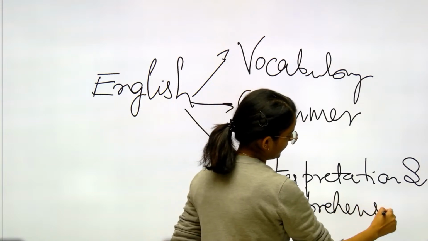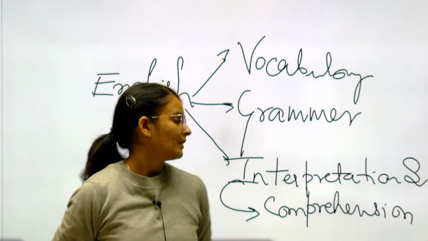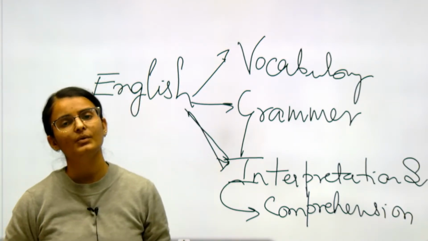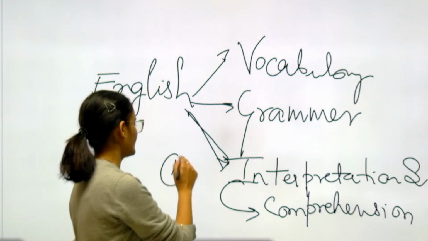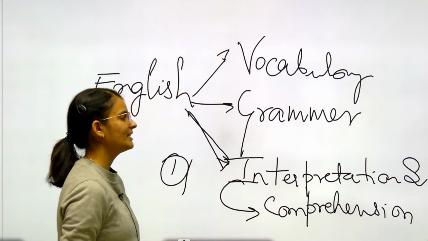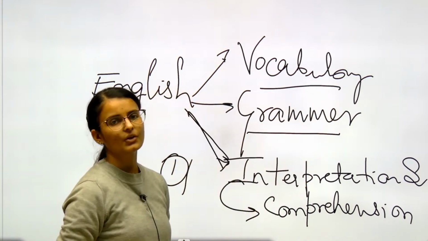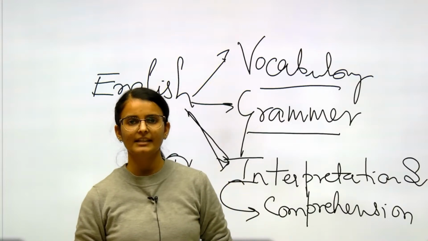In the English paper, I think all of you are aware that for English comprehension you have to type. You don't have to just tick one out of the 4 or 5 options. You have to write the complete answer for comprehension. Because they are checking your writing skills, they will focus more on your grammar and vocabulary rather than your content.